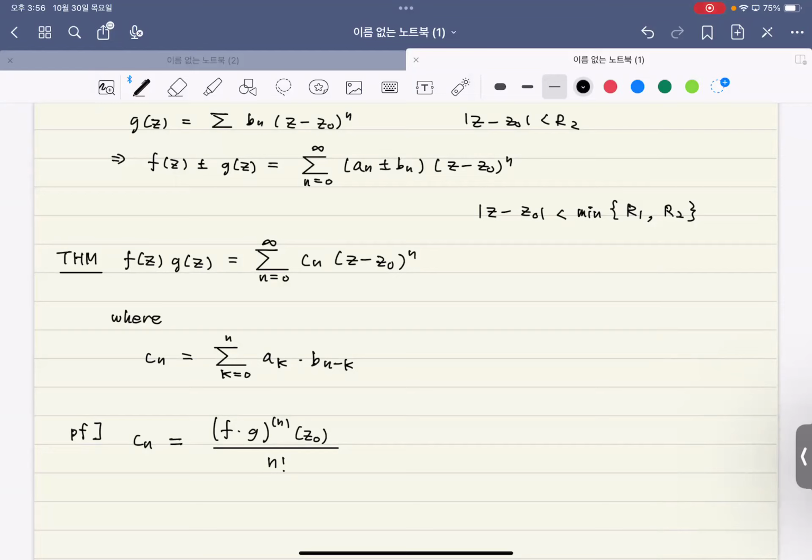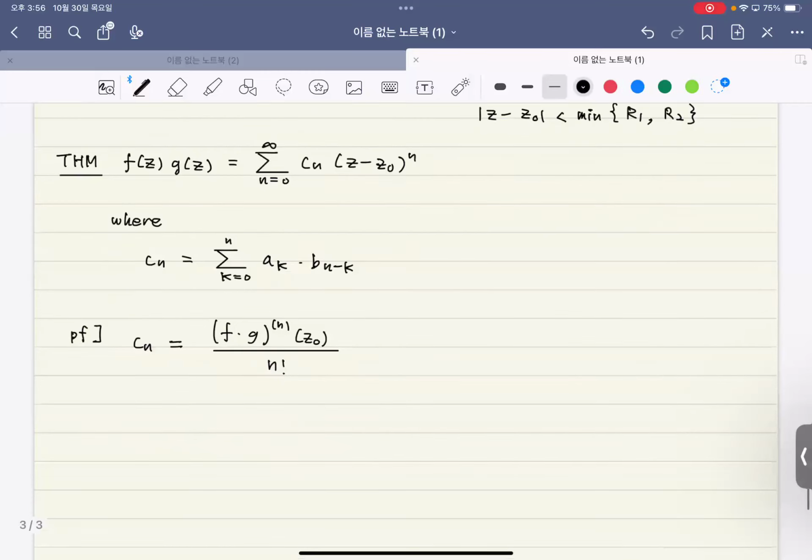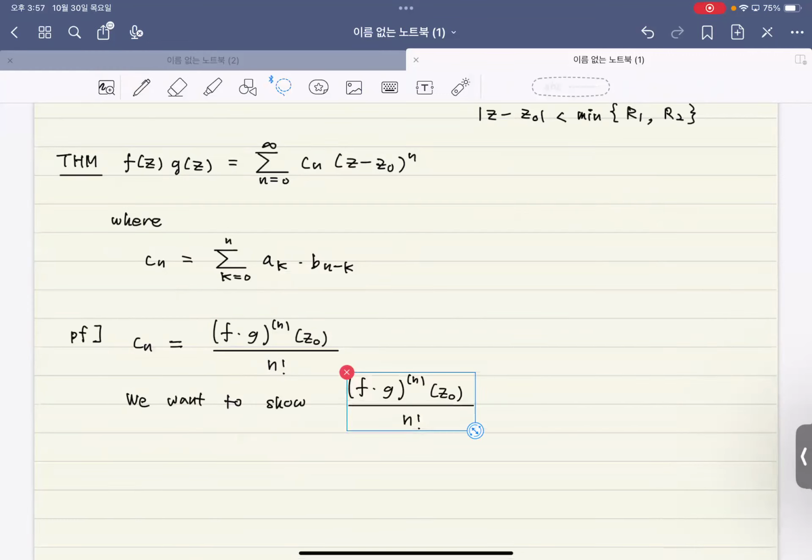If you can prove that this is true, then I want to claim that this is precisely the one above.